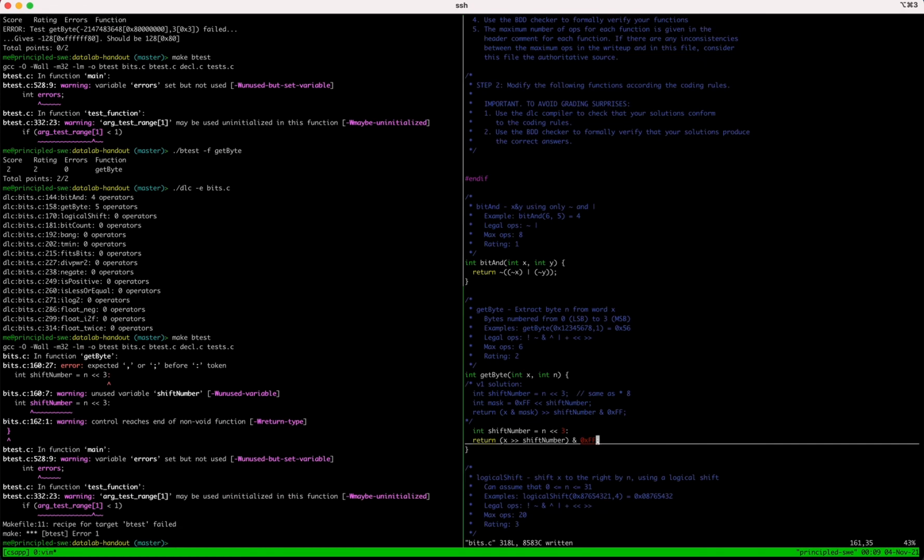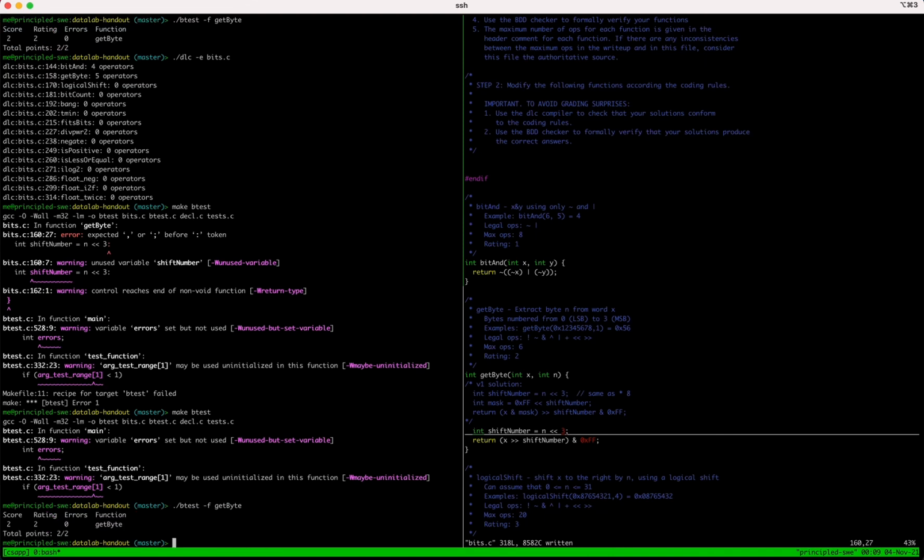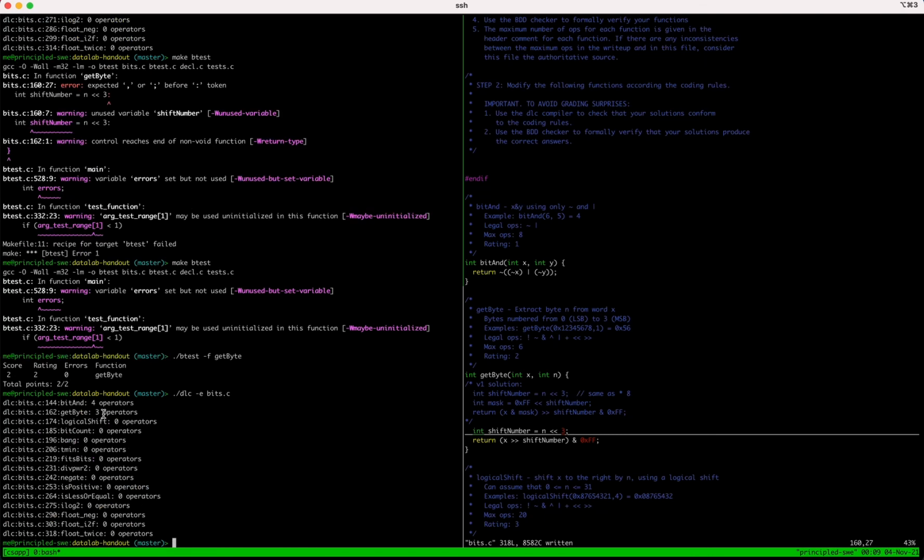Oh, sorry, this should be a typo here. Okay, and then yep, it works. So logically it's the same thing. How many operators are we using now? So now we reduce our number of operators from 5 to 3 here. So yeah, this is definitely a more optimized solution than the first one.